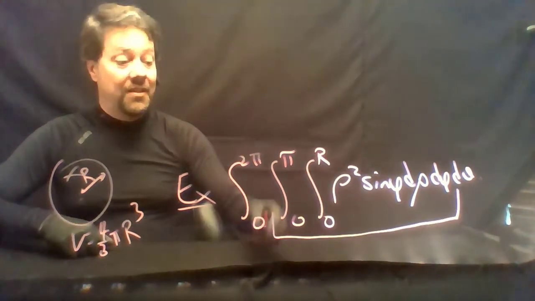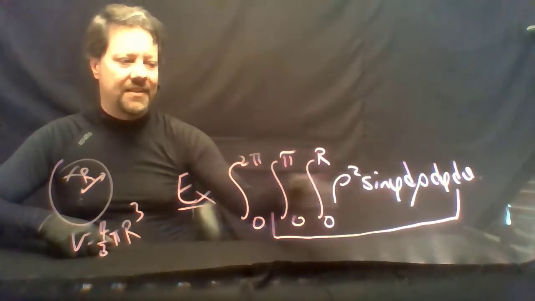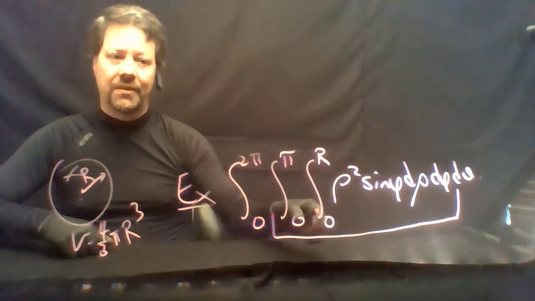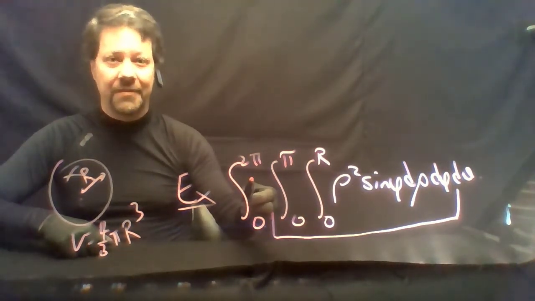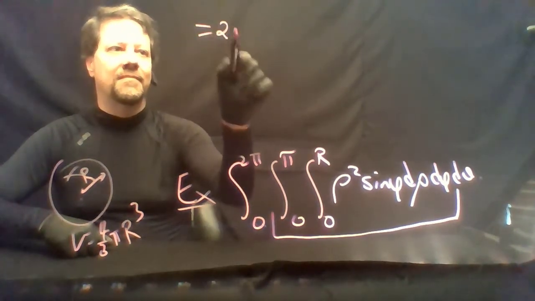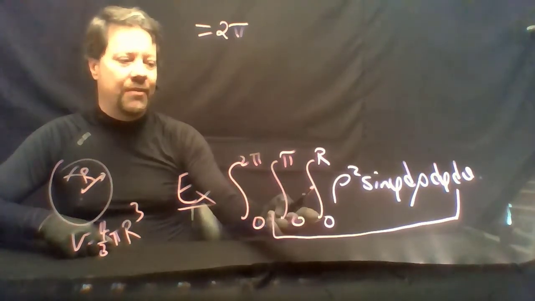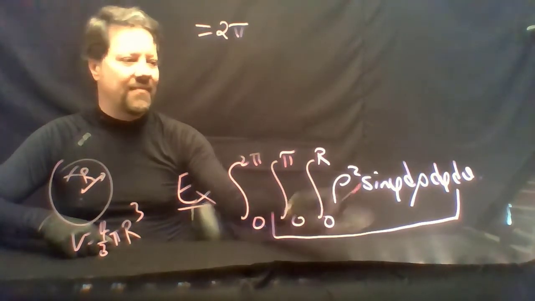First note that there are no thetas in the limits of integration or in the integrand on those first two integrals. We get 2 pi for free. By Fubini's theorem, we can integrate with respect to phi first.